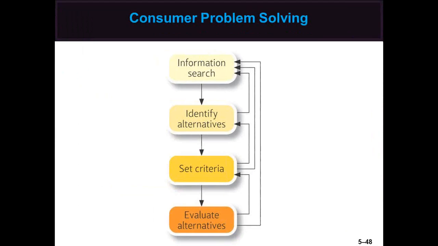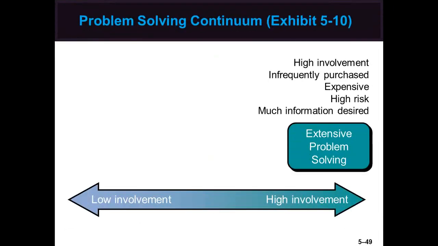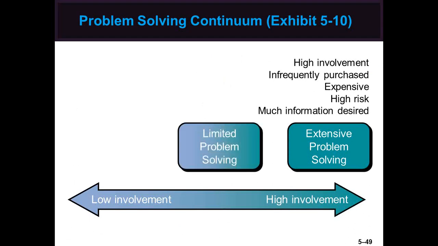Here is the consumer problem-solving routine. We search for information, we identify alternatives, set criteria, evaluate alternatives. And here is the continuum that we face. The time, effort, and source of information used in making a purchase can be influenced by the relative level of involvement of the consumer experiences.